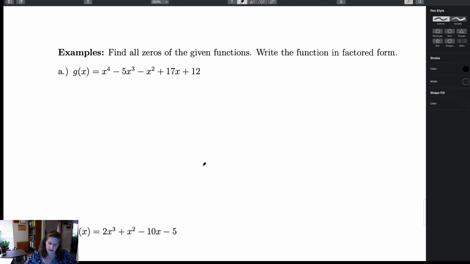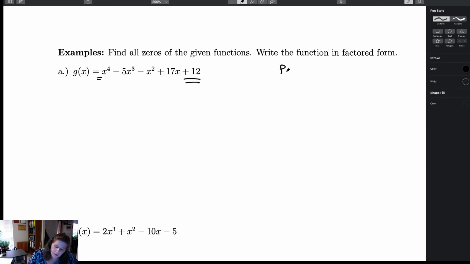All right, if I want to find all the zeros of some functions just starting fresh, the rational zeros theorem actually allows me to narrow down my possible options. So if the leading coefficient is 1, then all of my rational zeros for this function are going to be whole numbers that are factors of 12.